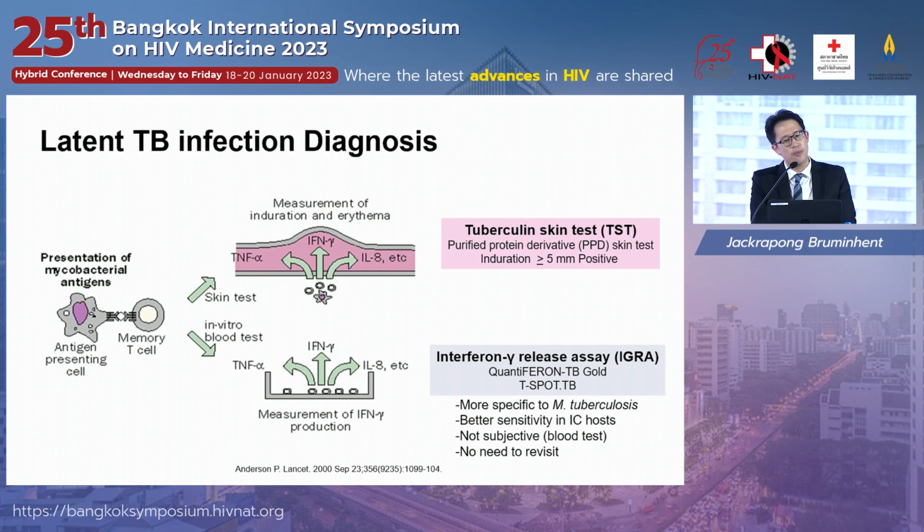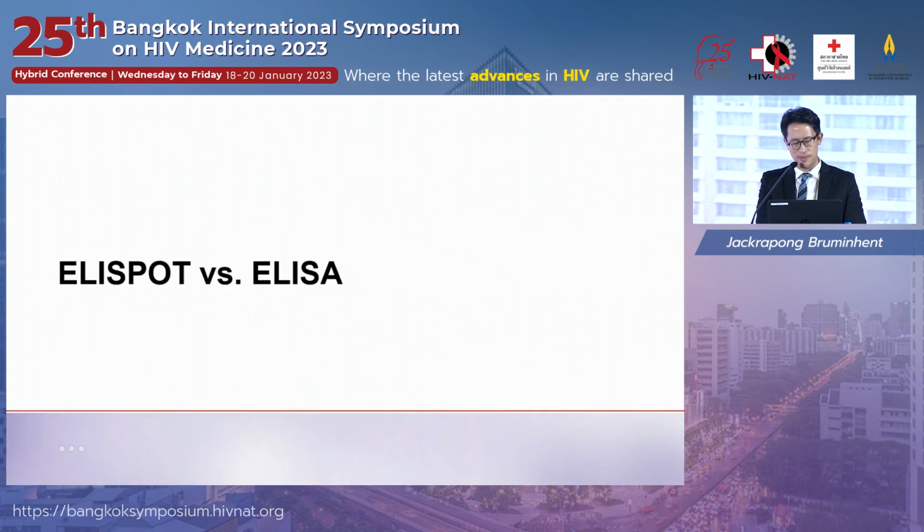The IGRA test probably has a better chance of getting the right answer, with better sensitivity, especially in immunocompromised hosts. It's not subjective, it's just a blood test. Just one blood draw, and you don't need your patient to come back.